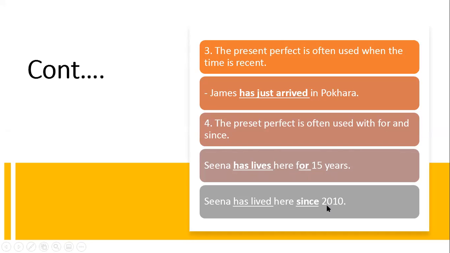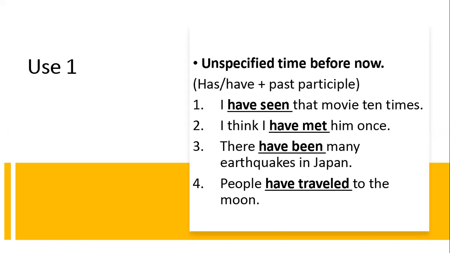So here is the difference between for and since. Okay, so the present perfect tense uses that I'm going to share with you. The first one is unspecified time before now. We can use this kind of sentence with has or have plus past participle.